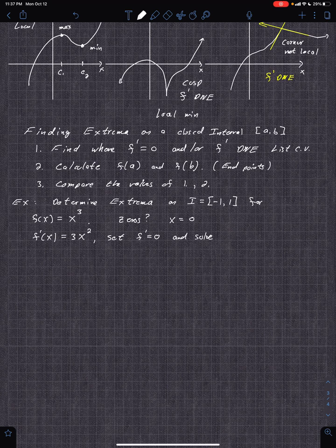Okay, so 3x squared is equal to 0 whenever x is equal to 0. You actually have a double root at 0 there for the critical value. So x equals 0 is a critical value.